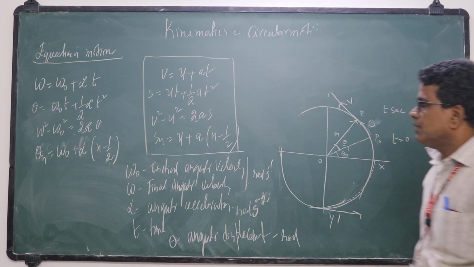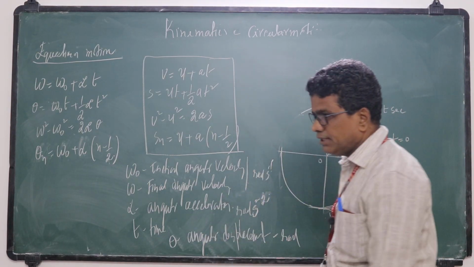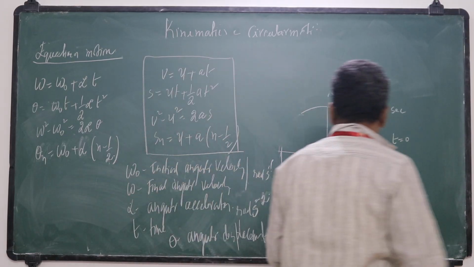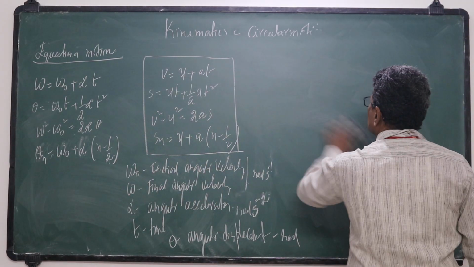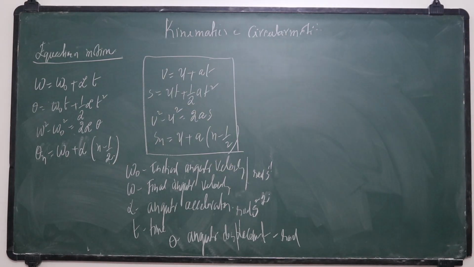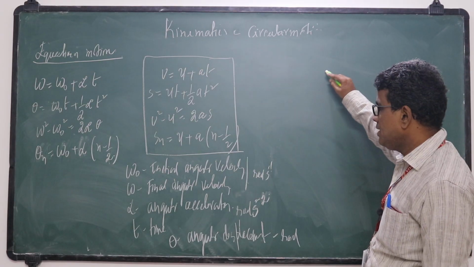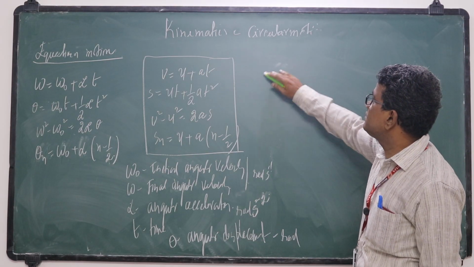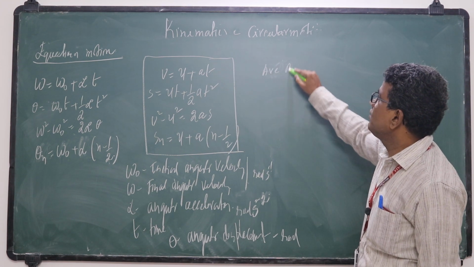Now one more equation is there. Here omega is the average angular velocity.